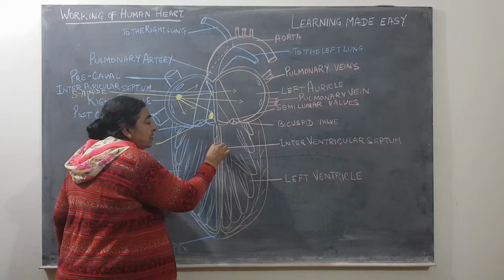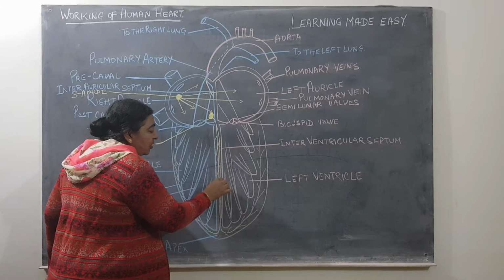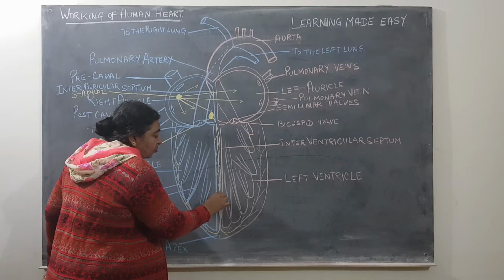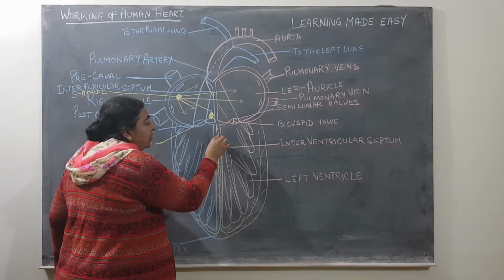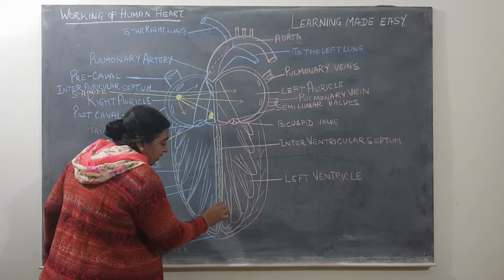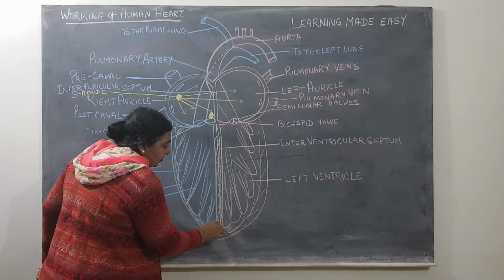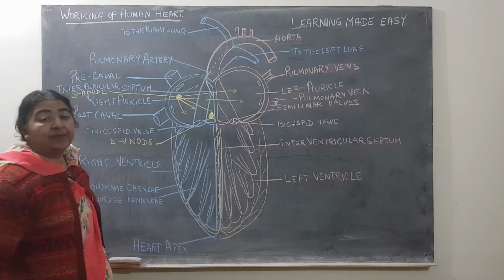Bundle of His stimulates the interventricular wall to contract, and as a result both ventricles contract simultaneously. This is called ventricular systole.